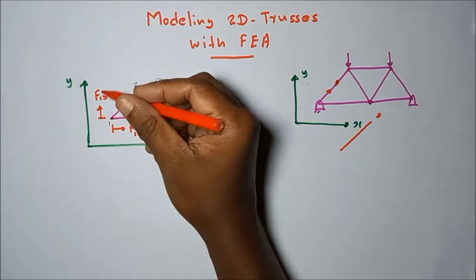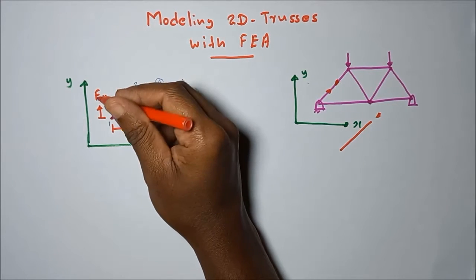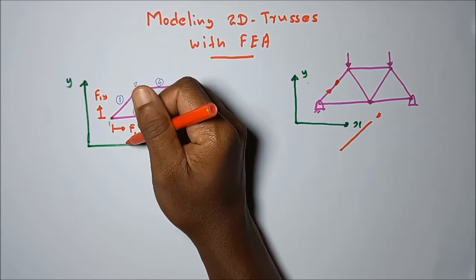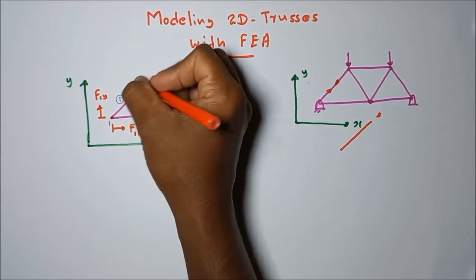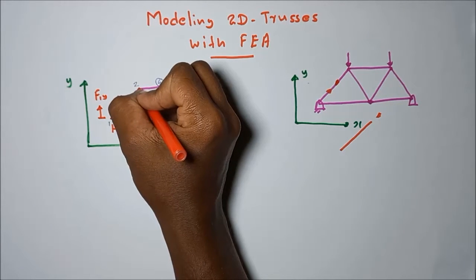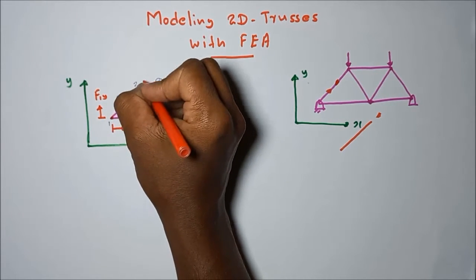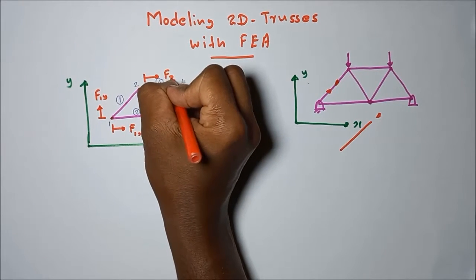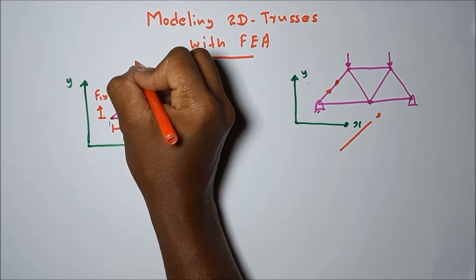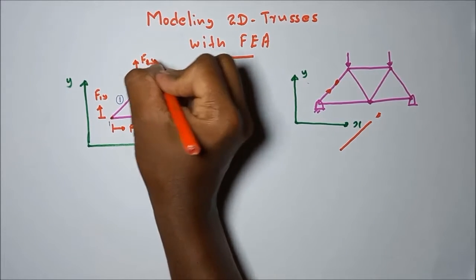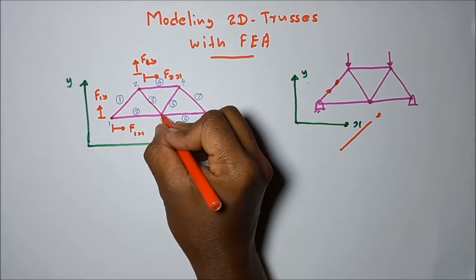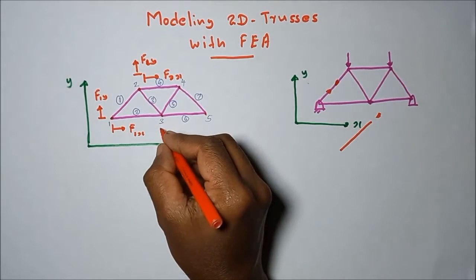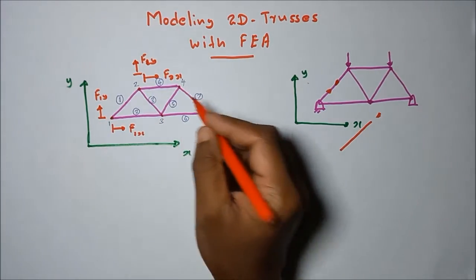Similarly, we can mark the nodal force on node 2: F2x in the x direction, F2y in the y direction. The same applies for node 3, node 4 and node 5: F3x, F3y, and so on.